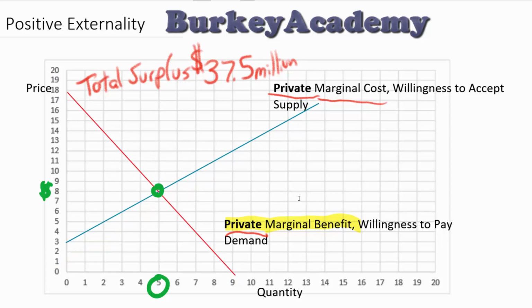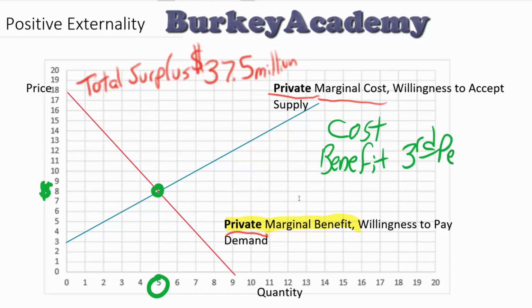And an externality is when either a cost, we call that a negative externality, or a benefit from this transaction spills over to third parties, people who are not the ones buying or selling this product.